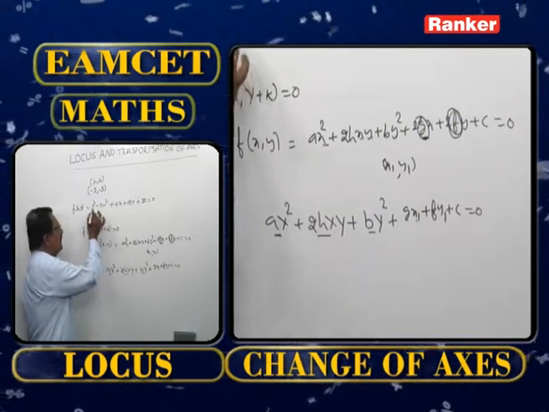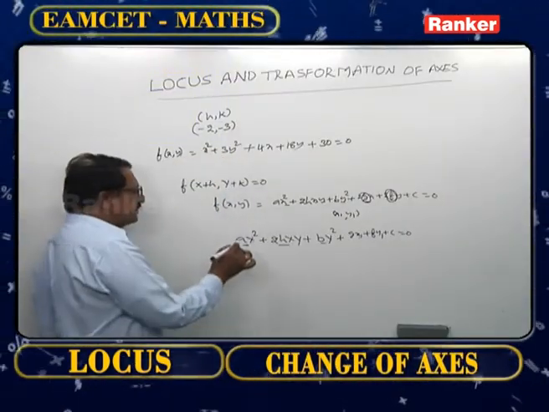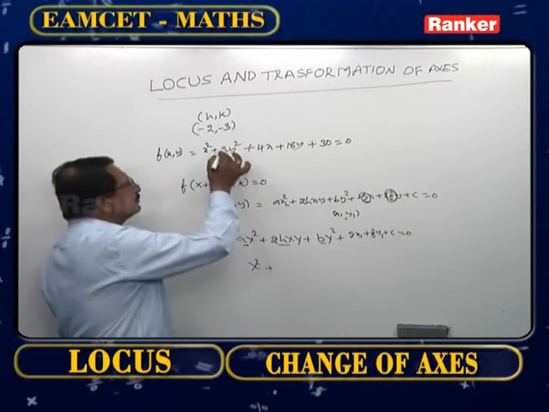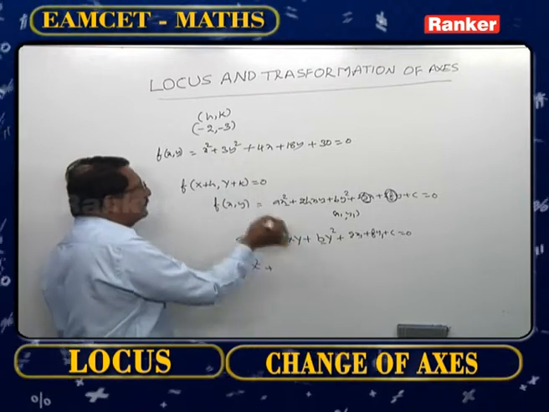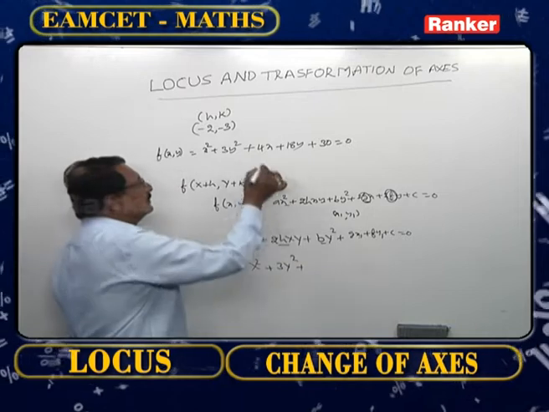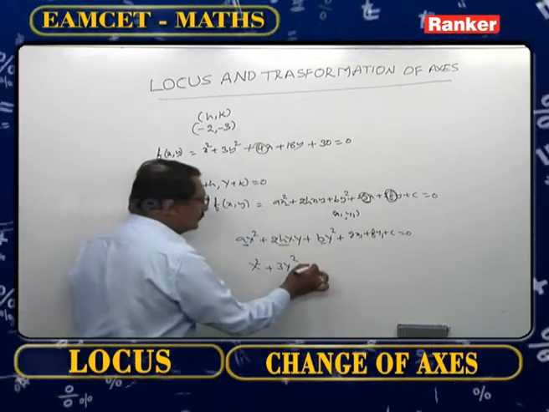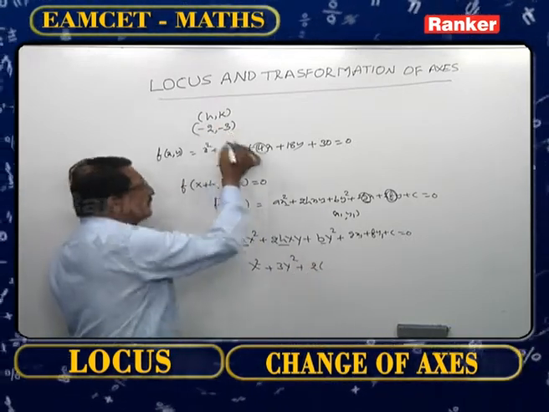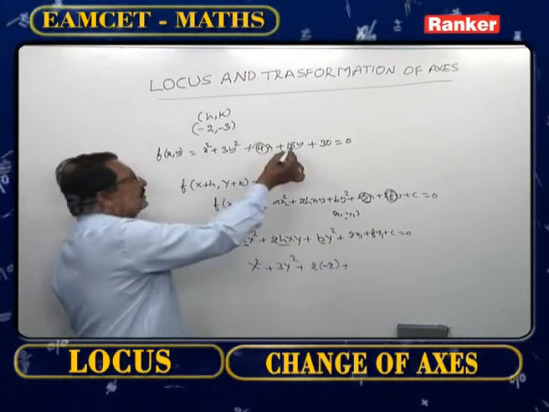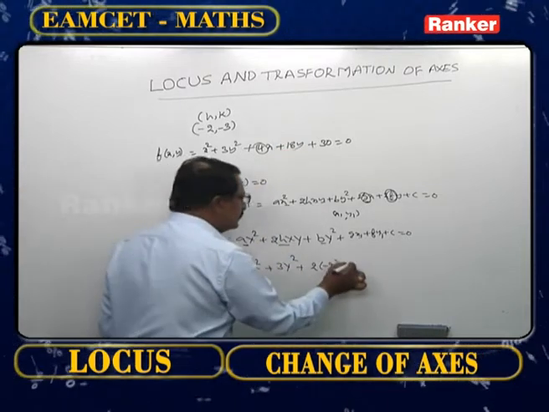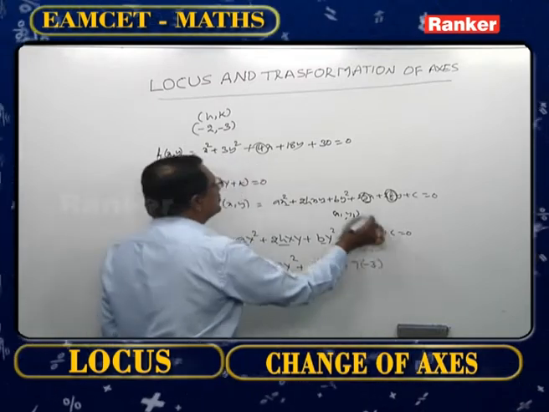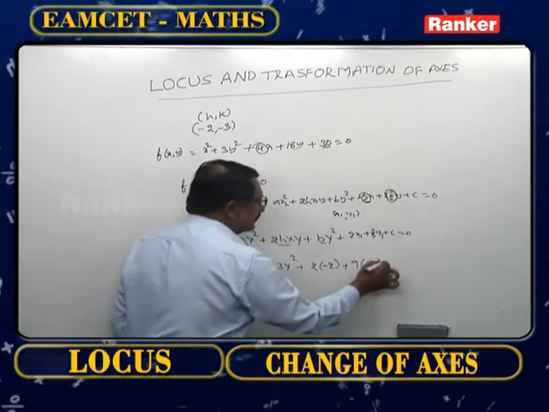Now in the given equation the coefficient of x square is 1, so the new system equation is x square plus, there is no xy term, only 3y square, plus half of the coefficient of x, which is 2, into x1, minus 2, plus half of the coefficient of y, which is 9, into y1, minus 3, plus the constant 30.